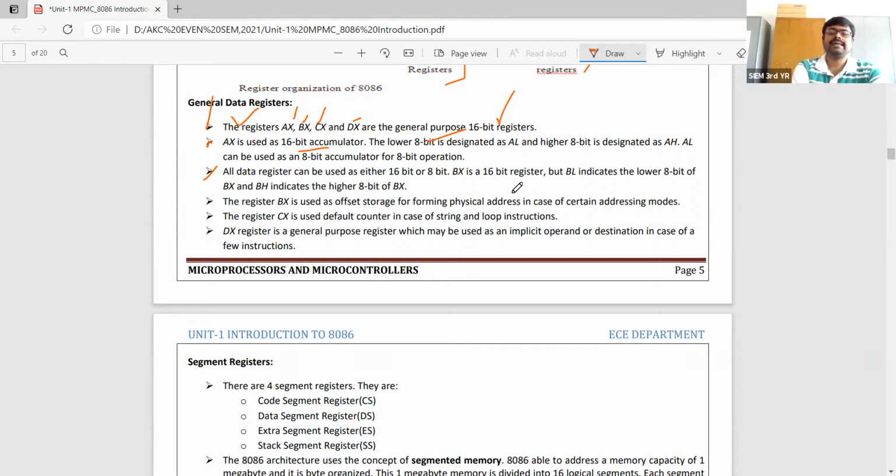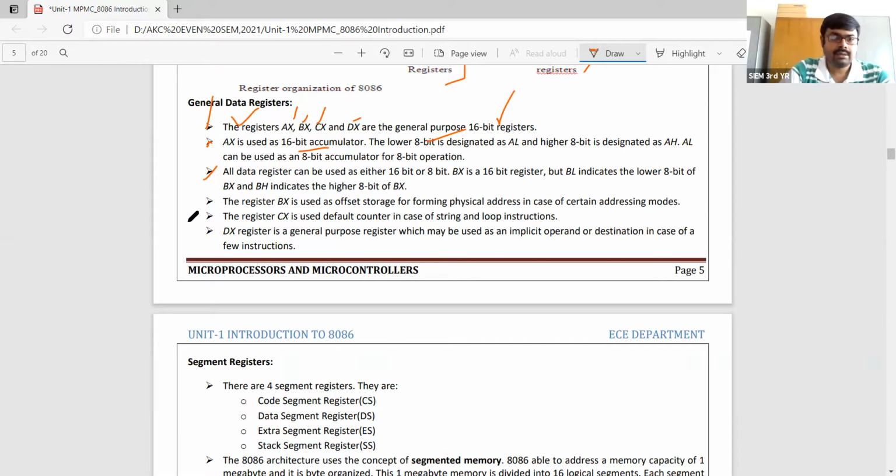So BX has a total of 16 bits, but BL and BH are the two classifications.